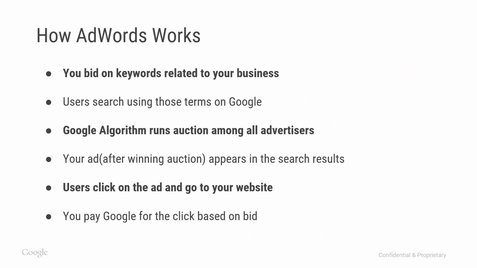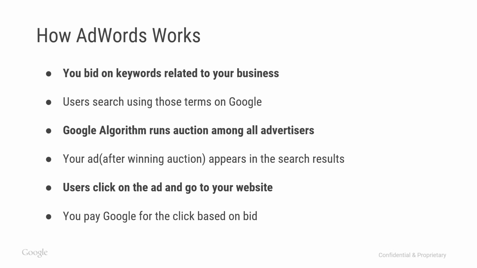So just to quickly summarize the whole process, let's say if you're interested to show your ads on Google, what does the step look like? So you choose the terms that you want to bid on. You bid on those keywords. Users search using those terms on Google, and then there is an auction which runs in the background.